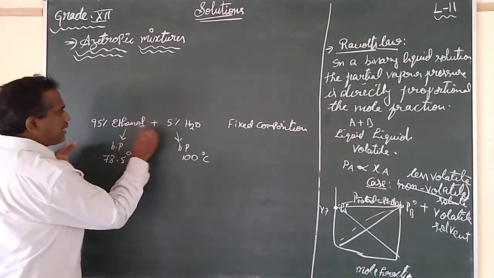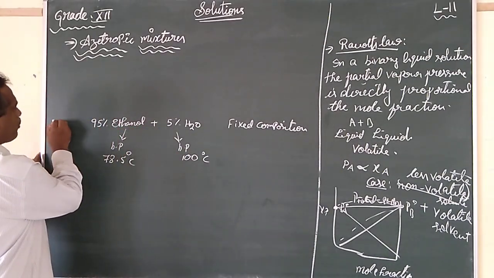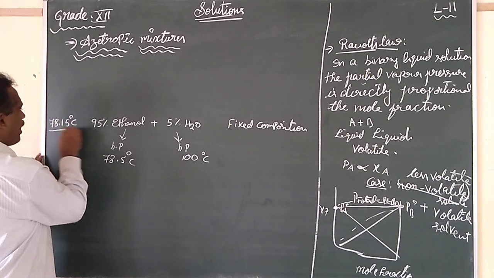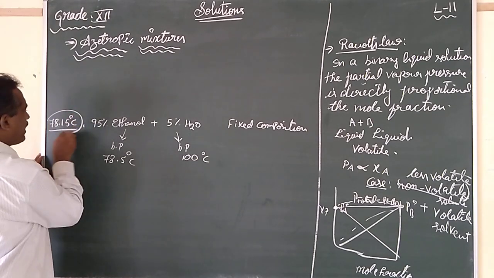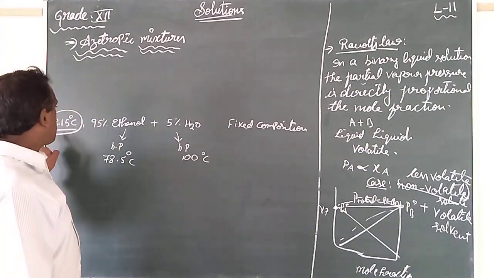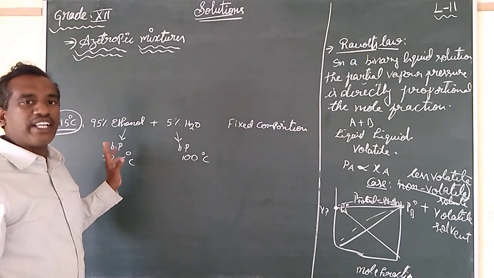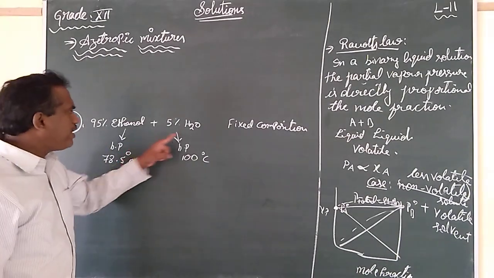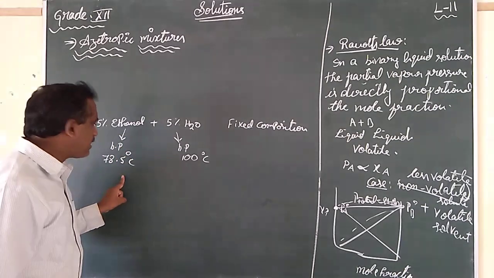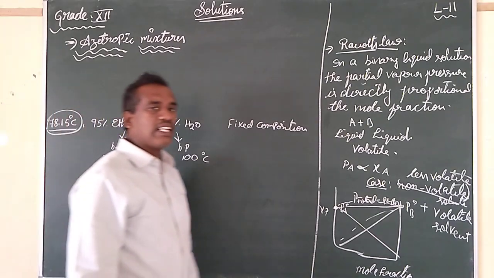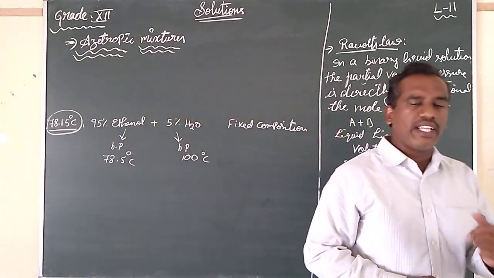These two together at this composition boil at a temperature of 78.15 degrees Celsius. This boiling point of the mixture is less than the boiling point of ethanol.